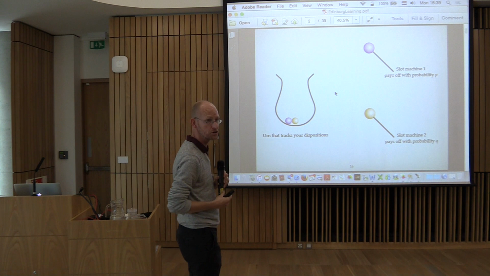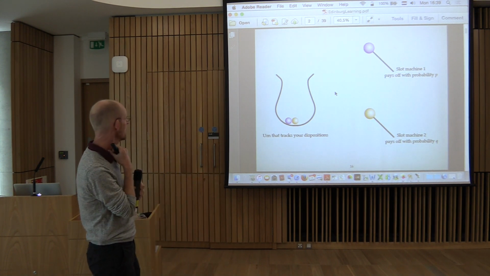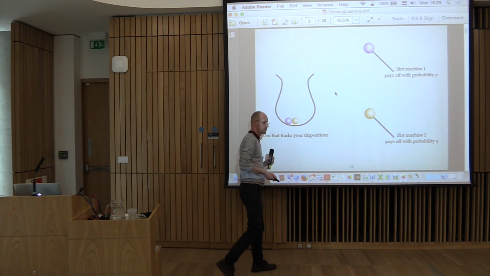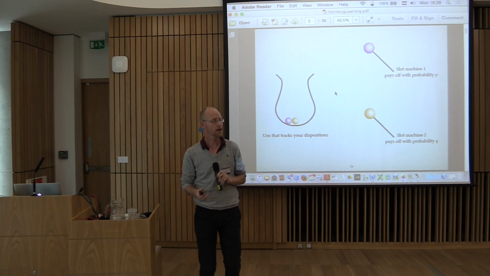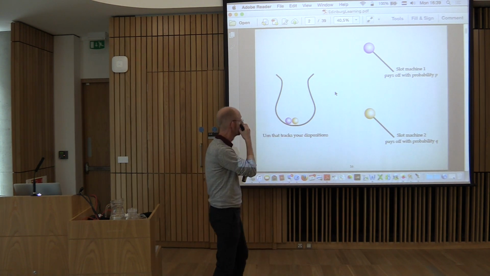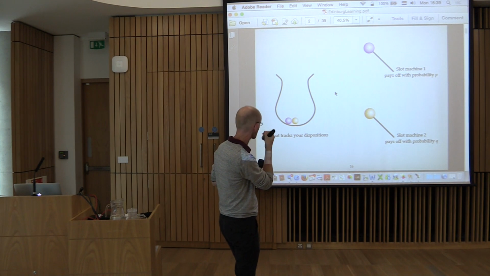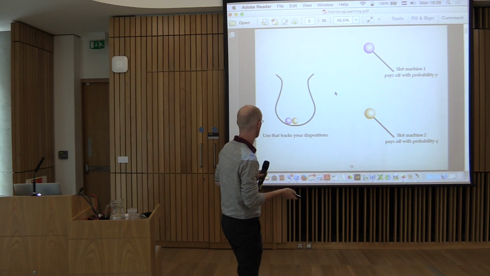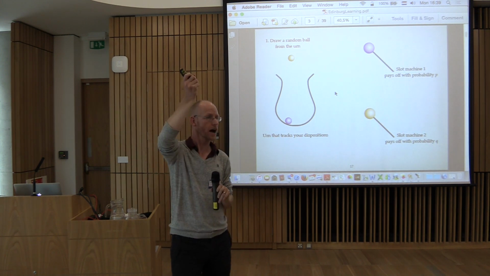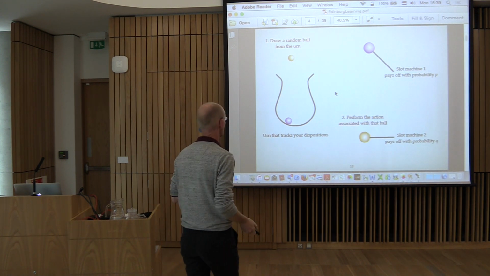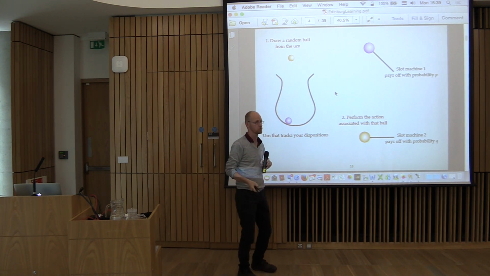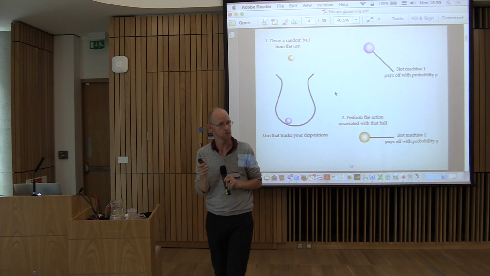So what is reinforcement learning? It's very simple. You have an urn with balls in it, and the different colors of balls belong to different types of actions that you do.